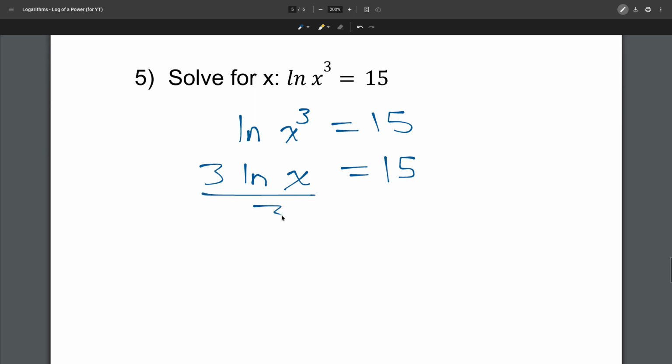We'll divide both sides by 3. And we'll get the natural log of x equal to 5.